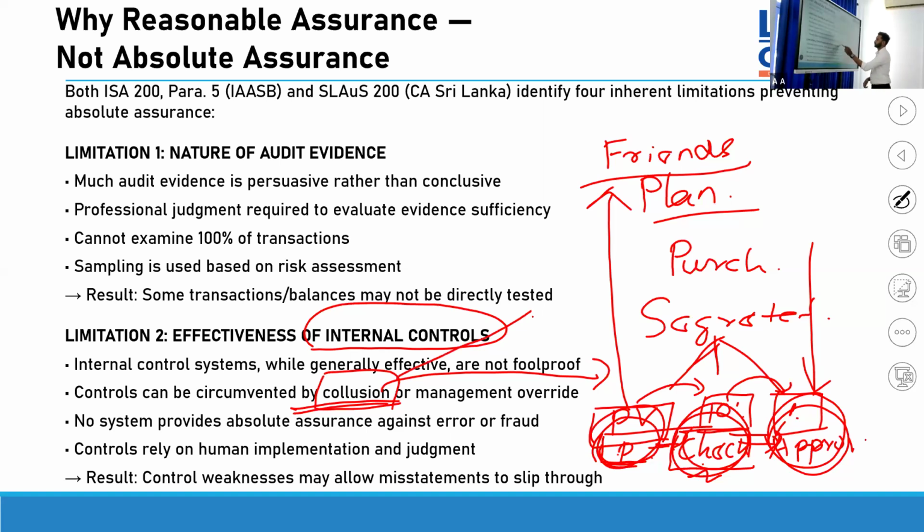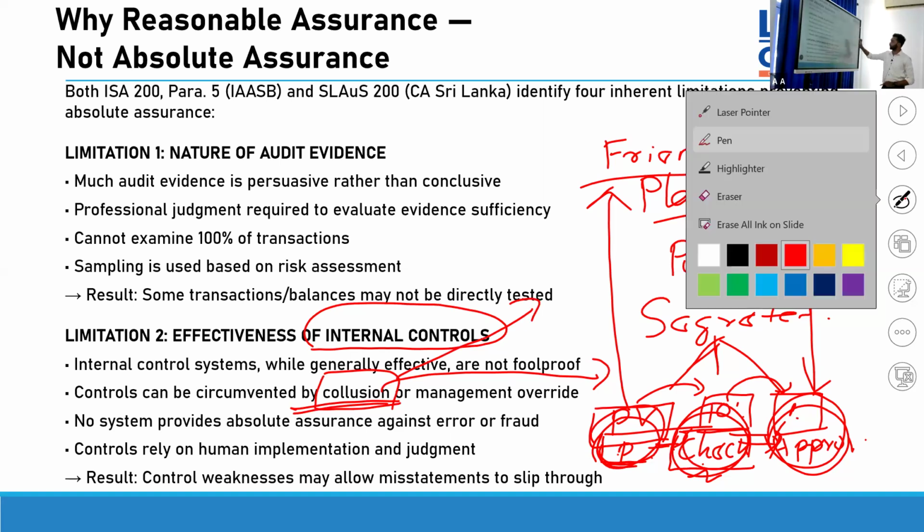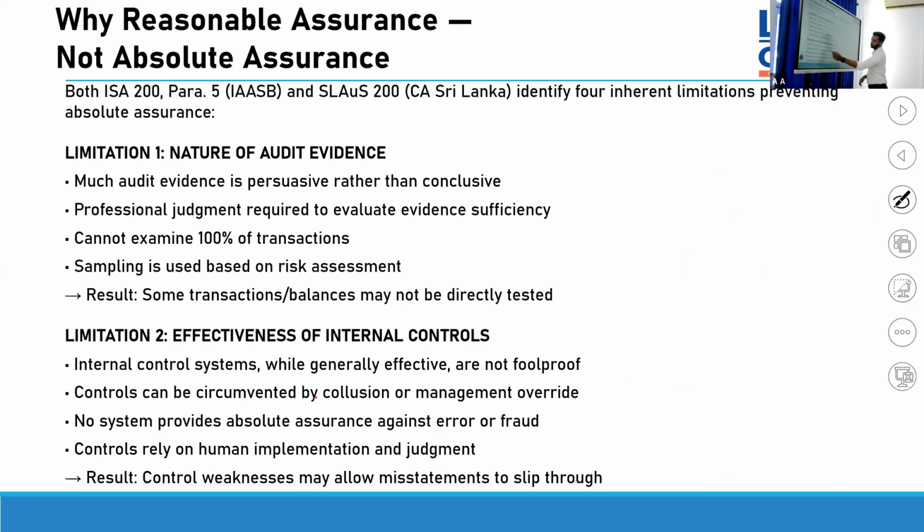If we look at the NDB fraud, they also committed the fraud through this collusion, right? So it doesn't matter if we have the effective internal control or not. We can only provide the reasonable assurance, not absolute assurance, because in future some things can happen, right?